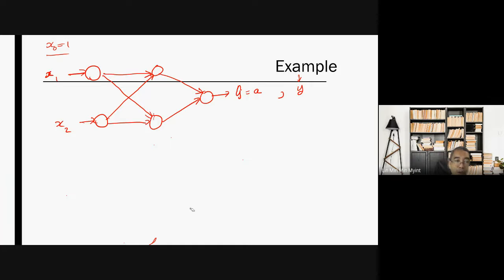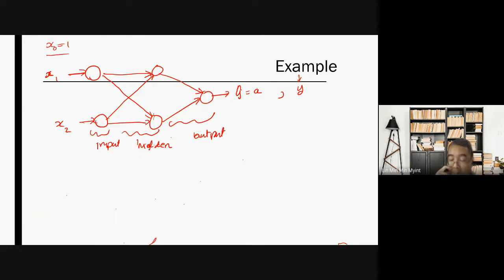Okay, so let me write all output in here. So this is the input, and this is the hidden layer, and this is the output layer like this.